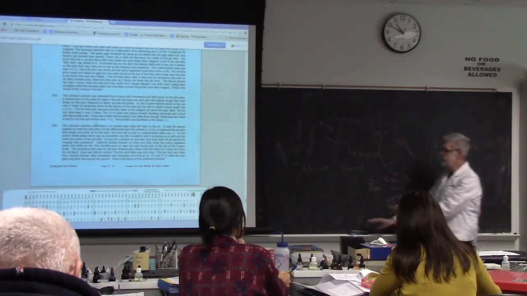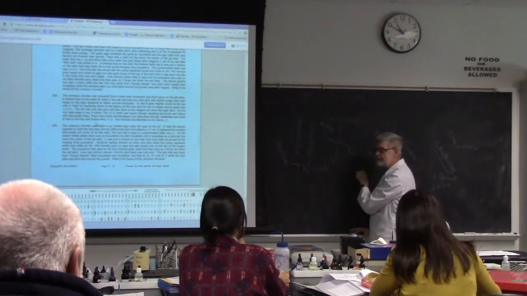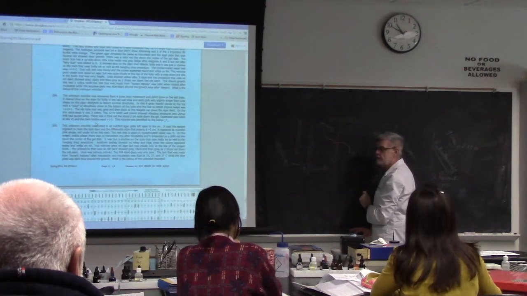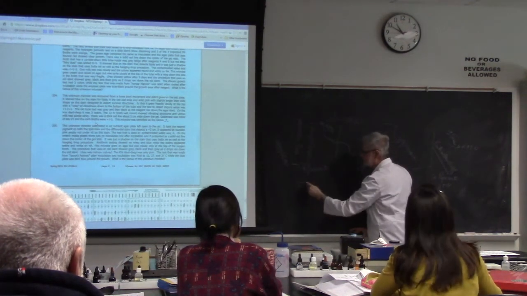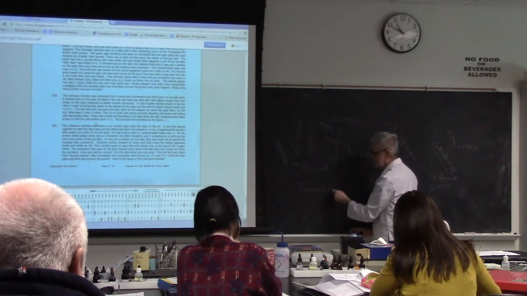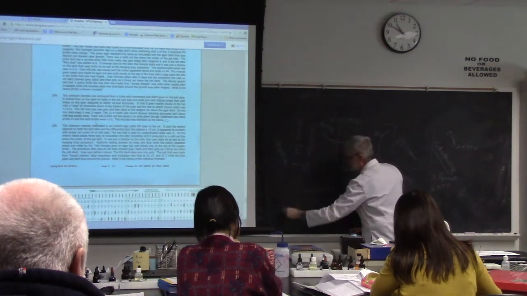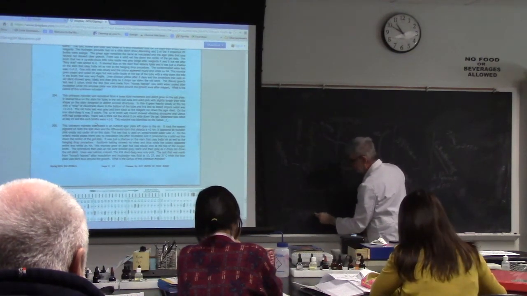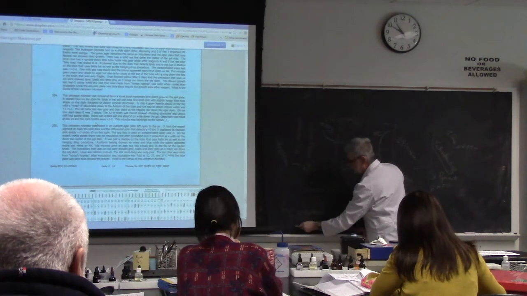And what comes after this? With most bacteria, the facultatives and the anaerobes, what happens after pyruvate? Fermentation. That also is in the cytoplasm, and is also anaerobic.